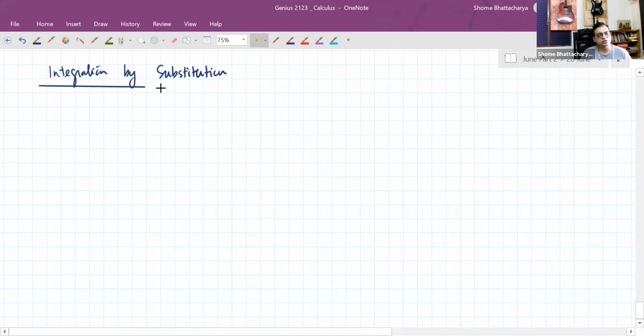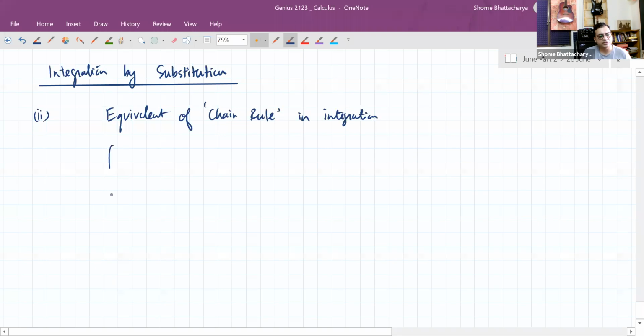So now we will see a sort of an equivalent of the chain rule. First, we had seen the substitution of a linear term. Now we will see the equivalent of the chain rule in integration.